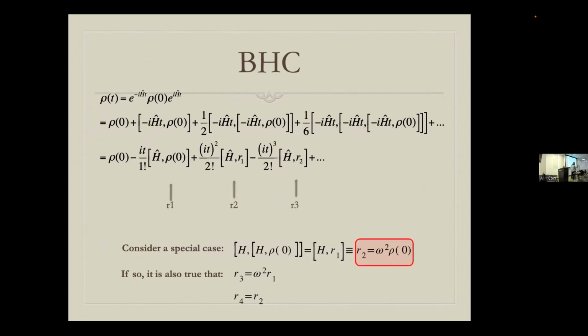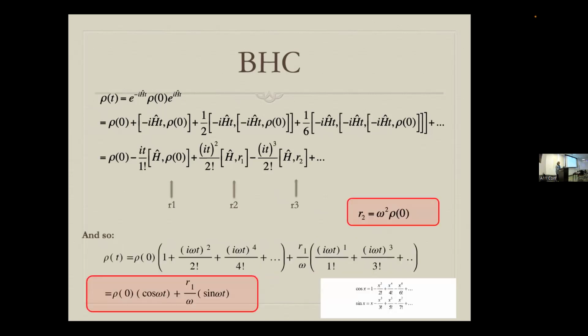So we can use that they will all have those sort of recursive relations. And that means that I can group all terms as being proportional to either rho naught or R1. So I can just rewrite that series in this way.